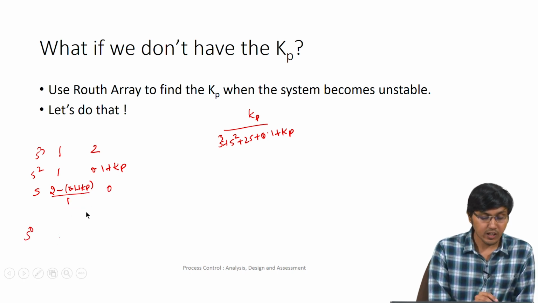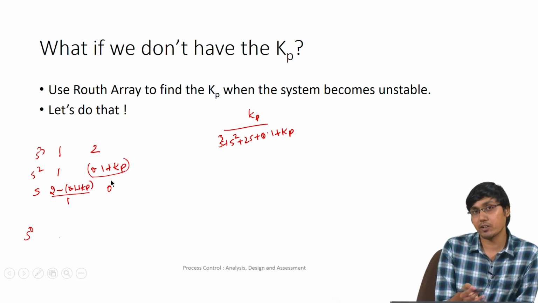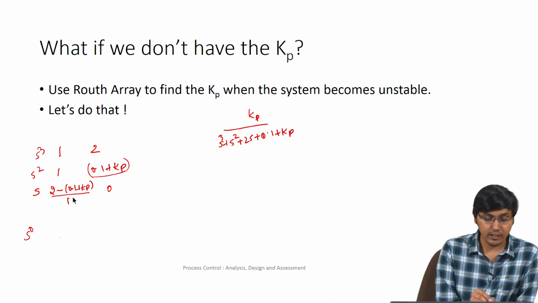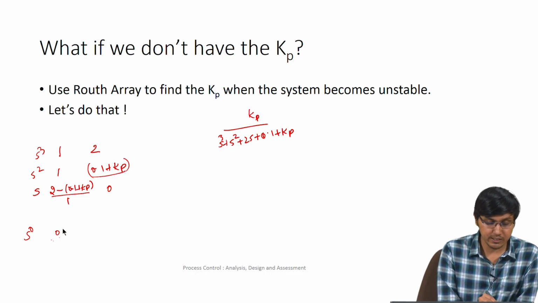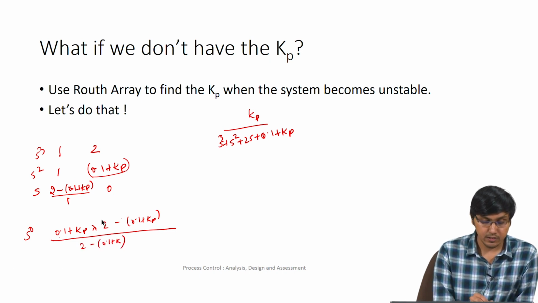Without calculating the s power 0 term itself, we can say that this term is definitely positive because Kp is positive. What you are going to get here is 0.1 plus Kp into 2 minus 0.1 plus Kp, divided by 2 minus 0.1 plus Kp.